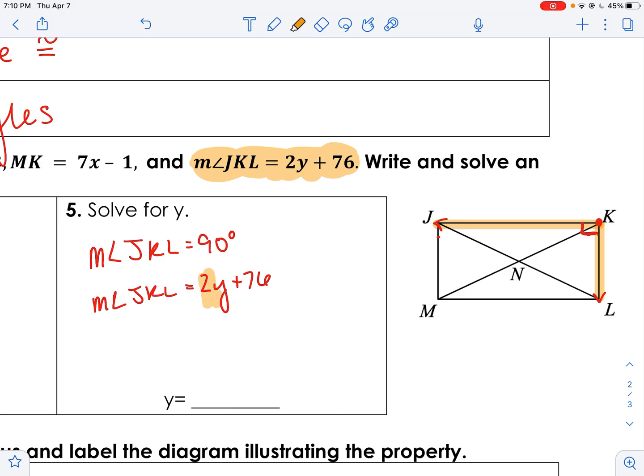So hold on, it equals 2y plus 76, but I know that JKL really equals 90. So 2y plus 76 should be the same as 90 degrees because that corner there at K, angle JKL, is 90. So now when I subtract, I get 2y is 14, or y should be 7.